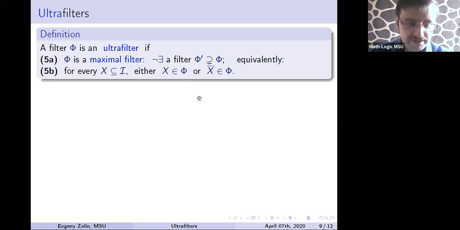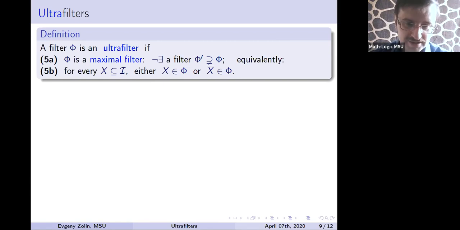And another property: phi is an ultrafilter if it is a filter and for any set x, either x is an element of phi or its complement is an element of phi. So intuitively, phi has half of all sets.